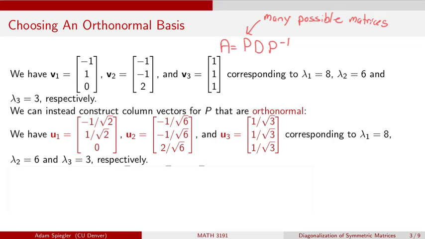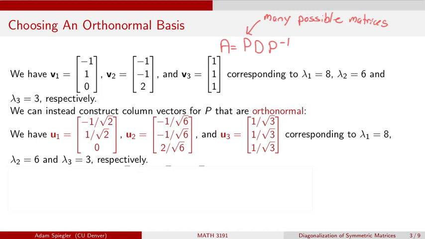For u2, I would take and normalize this vector. This vector v2 has a length of square root of 6. So the unit vector in the same direction as v2 is minus 1 over the square root of 6, minus 1 over the square root of 6, and 2 over the square root of 6. And then for v3, it has magnitude square root of 3.